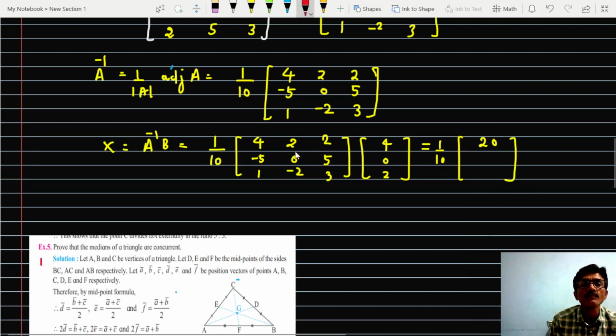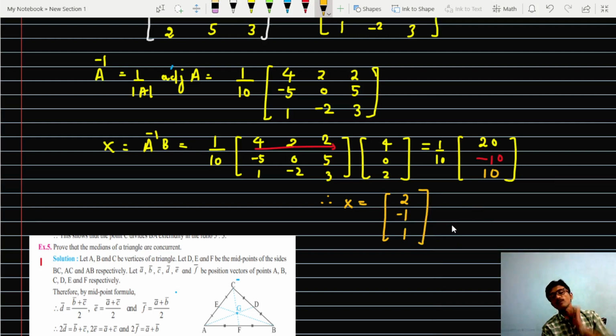Then minus 20 plus 0 plus 10, it is minus 10, 4 plus 0 plus 6 is 10, divide by 10, therefore you are getting x is equal to 2, minus 1, 1. That is the answer.